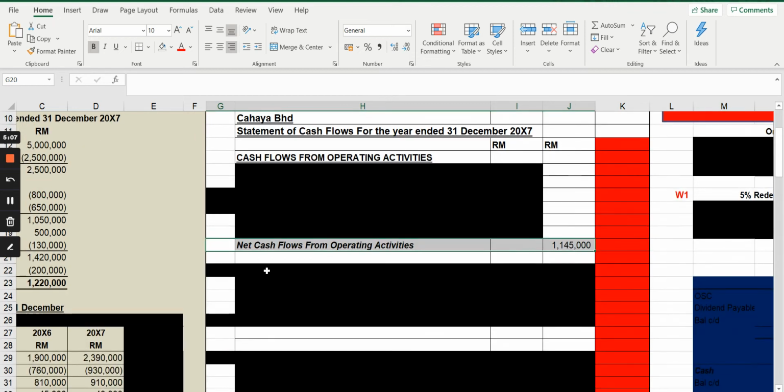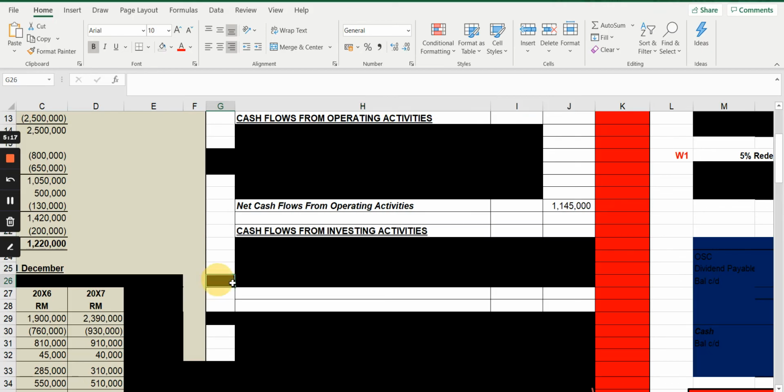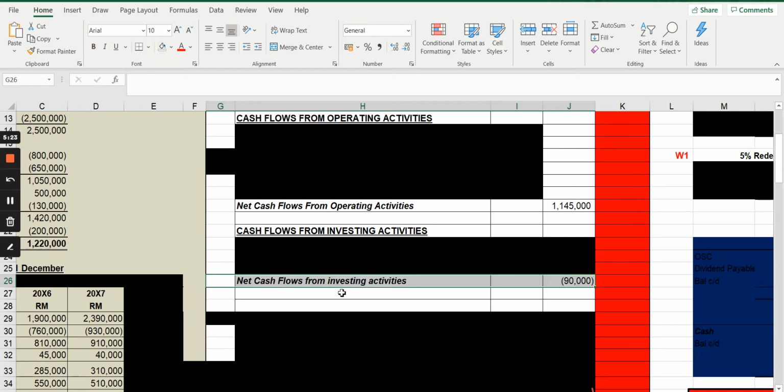But this is the first section. The second section is to show the cash flows from investing activities. Later you can put a few lines gap there and put the net cash flows from investing activities. We're going to see whether it's going to be a cash inflow or a cash outflow.